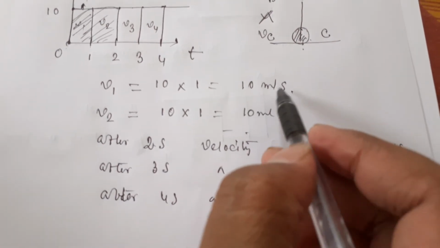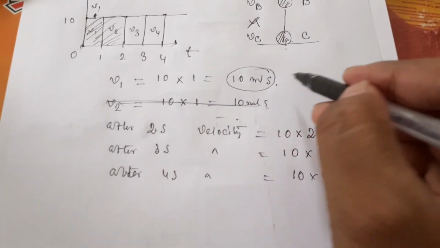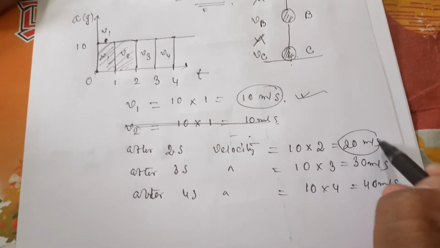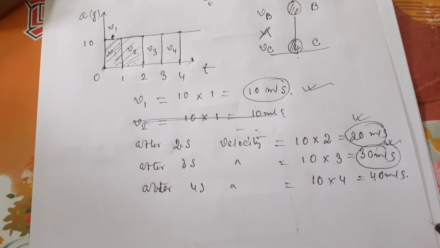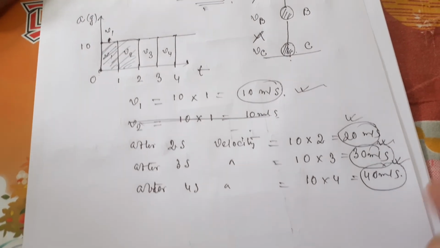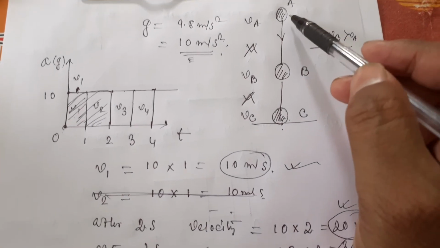So you see that after 1 second velocity is 10 meter per second. After 2 seconds velocity is 20 meter per second. After 3 seconds velocity is 30 meter per second. After 4 seconds the velocity is 40 meter per second. Is it not the same like this? Definitely it is like this only.